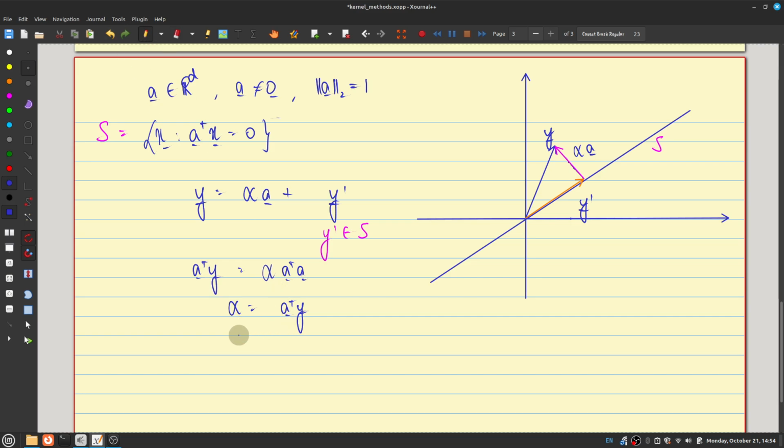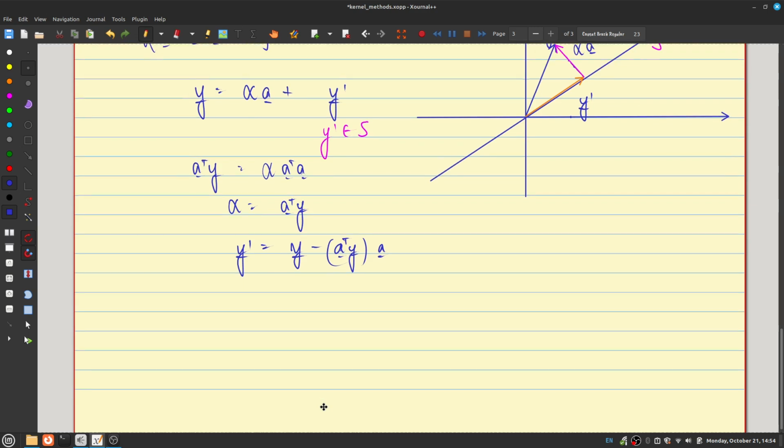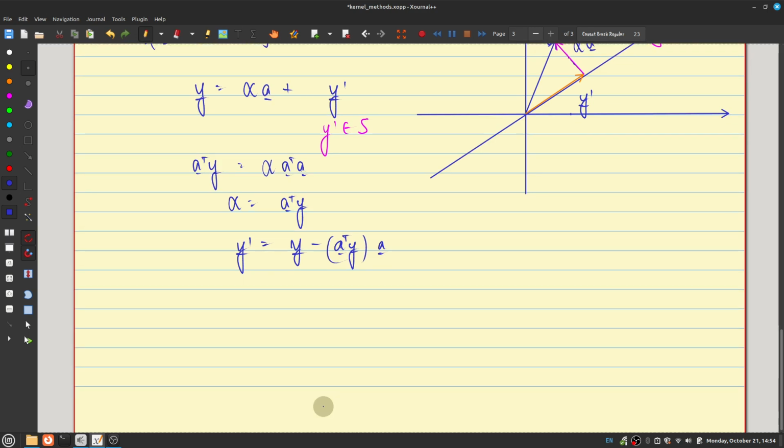So y prime, which is the projection of y onto the subspace S, is simply equal to y minus A transpose y times A. So what can I say about the projection matrix?